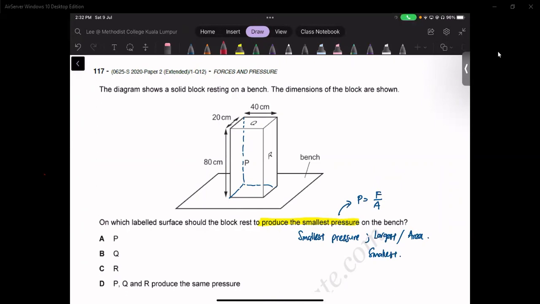Because pressure is force over area, if the pressure is smaller, the area is larger. Very good. We want a larger area. So we can find the largest area here. It looks like P to me. No need to calculate. You look at it, you know already. Right?